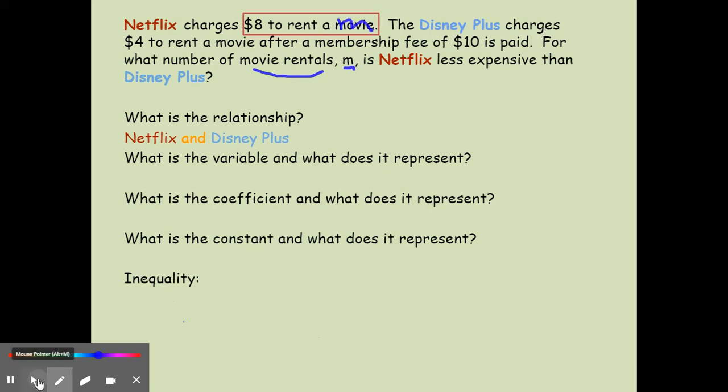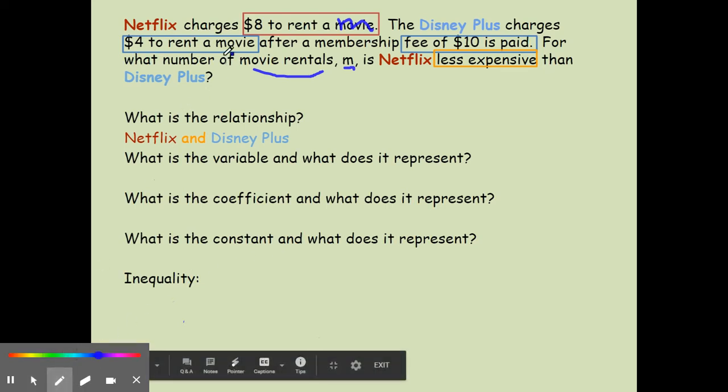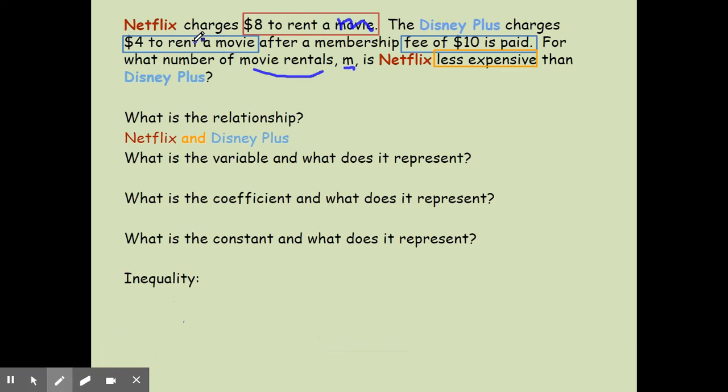And Disney Plus charges $4 to rent a movie after you pay a membership of $10. I want to rent a movie. I don't know how many movies I'm gonna rent after a membership fee of $10 is paid. So if I have to pay $10, that tells me I'm gonna have to add to my charges, right?